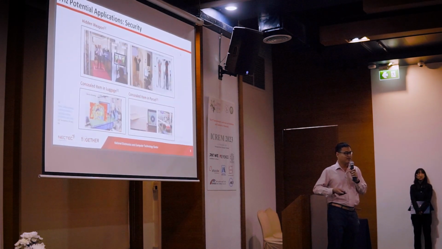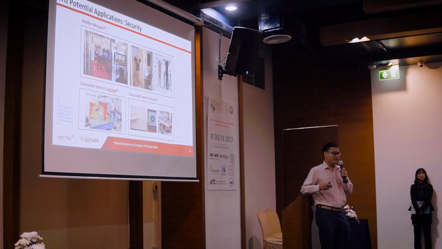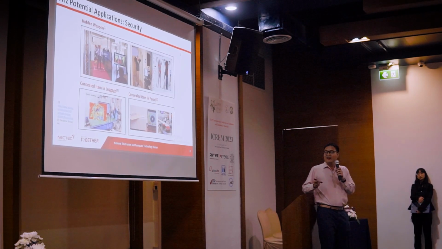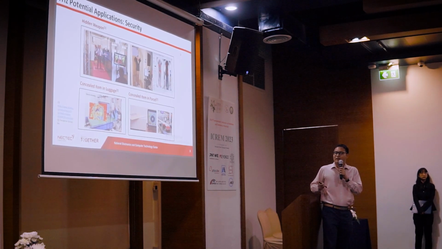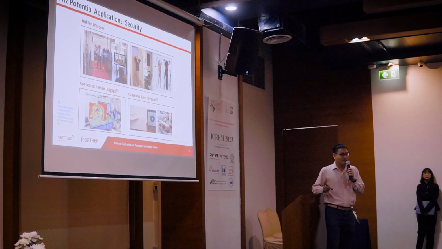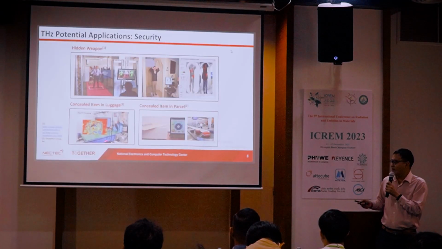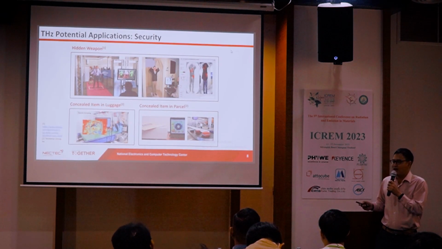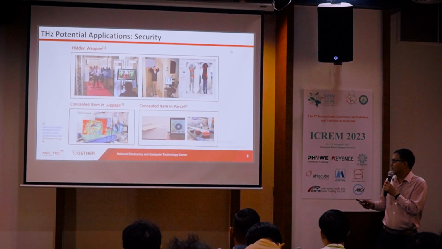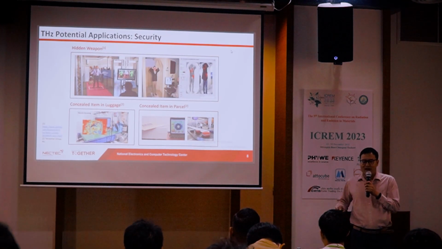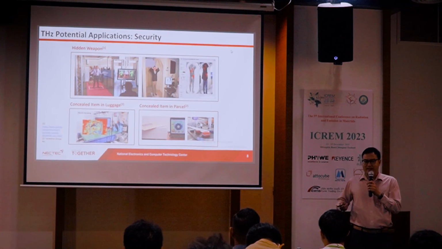For security applications, you can use terahertz just like X-ray for screening hidden weapons at the airport, or to screen hidden items in, let's say, luggage or parcels at the postal office, for example.